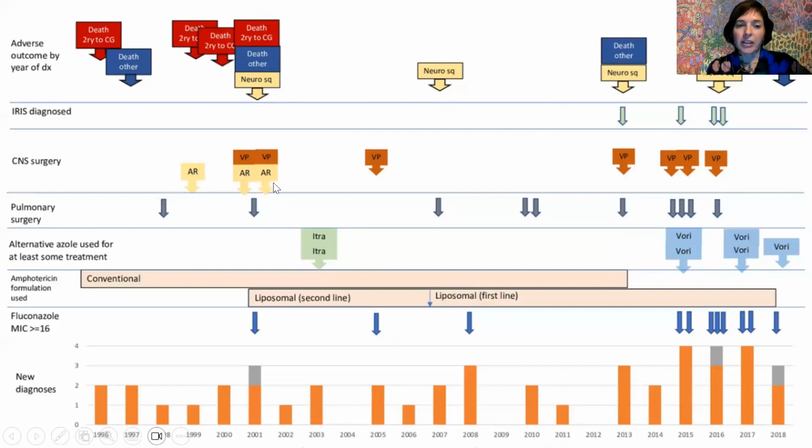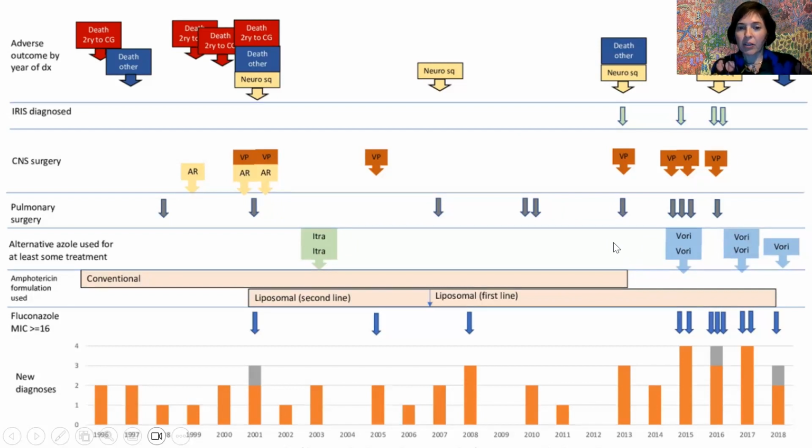Looking at the surgical interventions, people don't really get access reservoirs for intrathecal amphotericin anymore, but they are more likely to get pulmonary surgery with resection of their cryptococcomas.